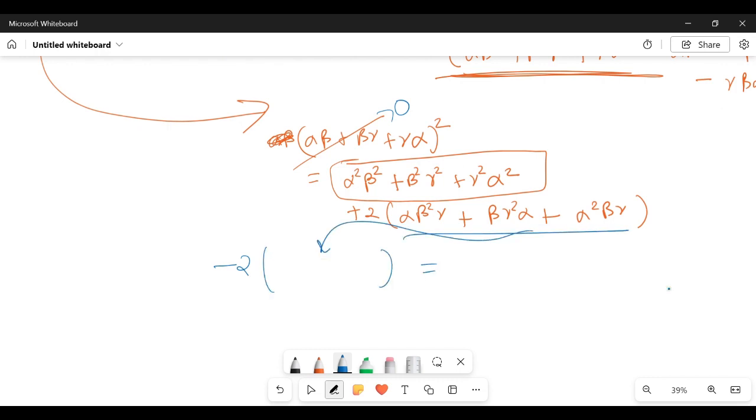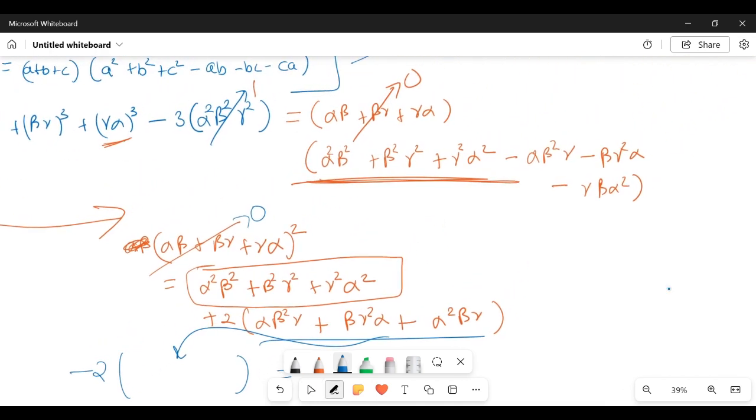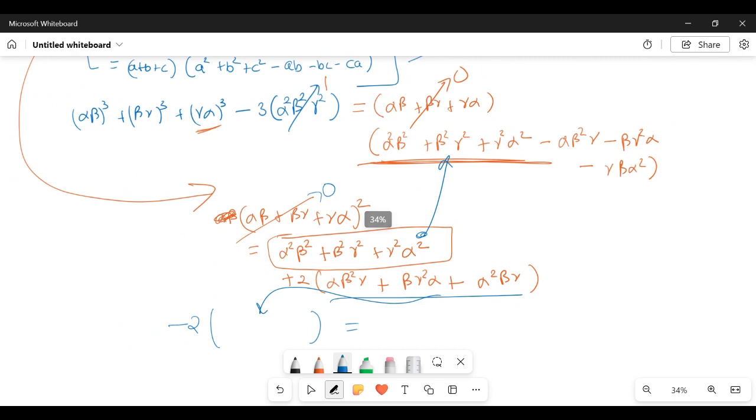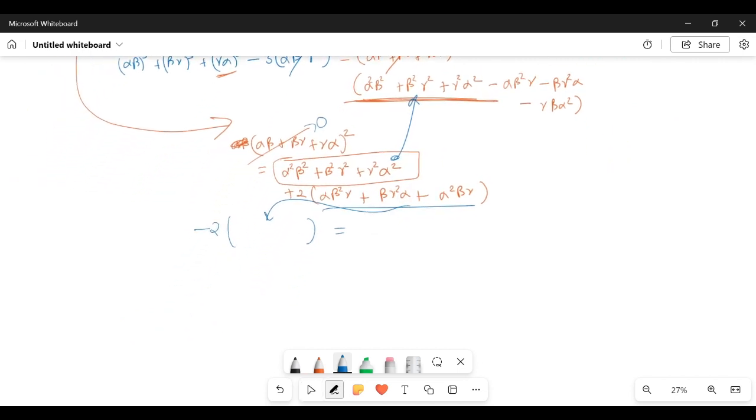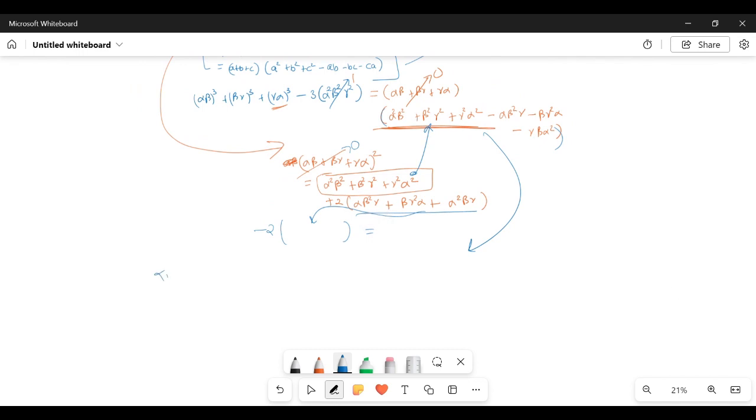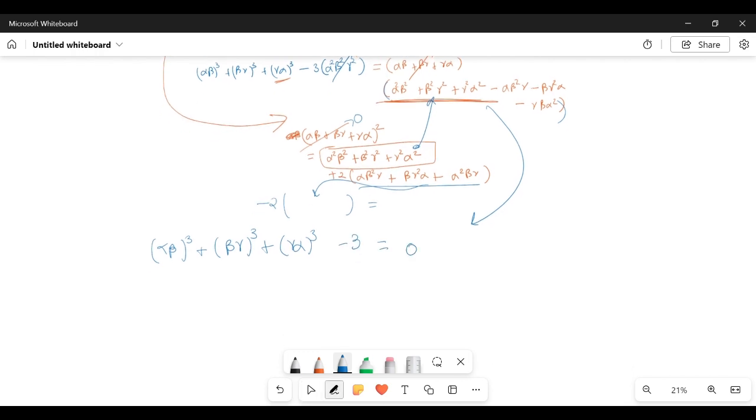This thing, let's put it here. So if we substitute this here, what would that give us? Let me write the whole equation for you: alpha beta the whole cube plus beta gamma the whole cube plus gamma alpha the whole cube minus 3 is equal to 0 into something, that is 0.